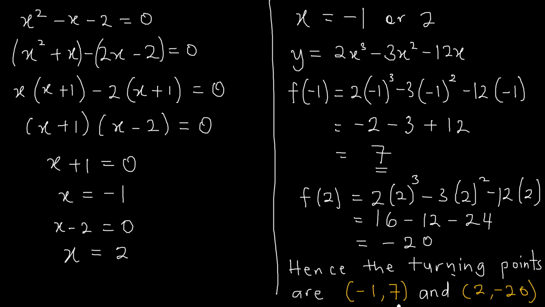In order to do this, we just move ahead to find the second derivative of our curve. When we found our first derivative, this was what we got. When we did dy/dx, we got 6x squared minus 6x minus 12.